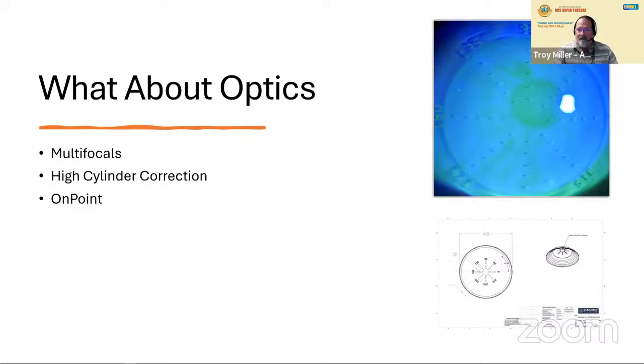Utilizing OnPoint is a huge advancement for centering these multifocal optics and increasing the possibility of success for the patient. Not only that, but HOAs are starting to become a big part of optical correction for patients, and utilizing a scleral lens as the platform makes that much easier, much more accurate for the patient.